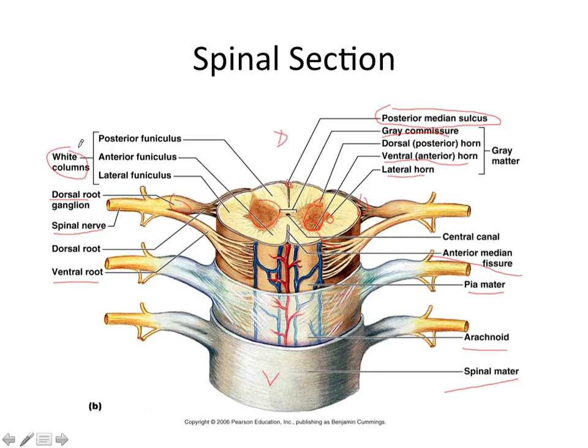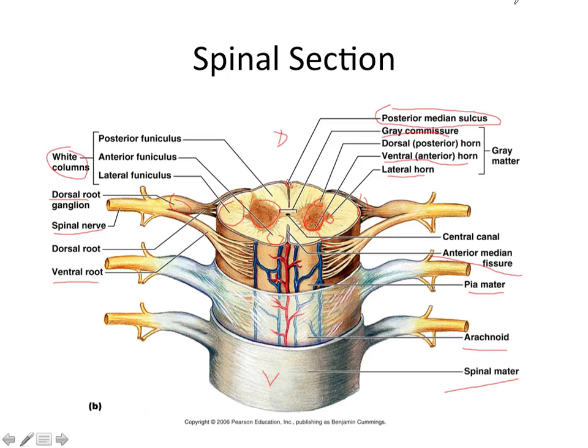Based on location, we can divide the white column into three parts: the posterior funiculus, the anterior funiculus, and the lateral funiculus.